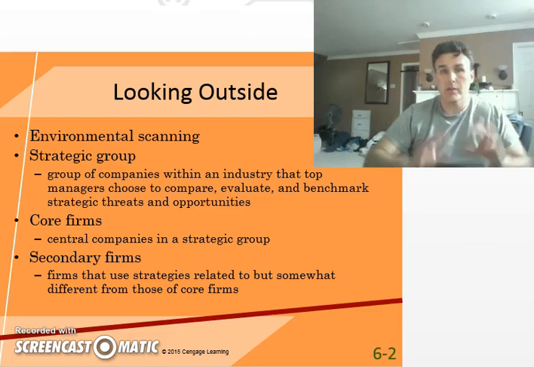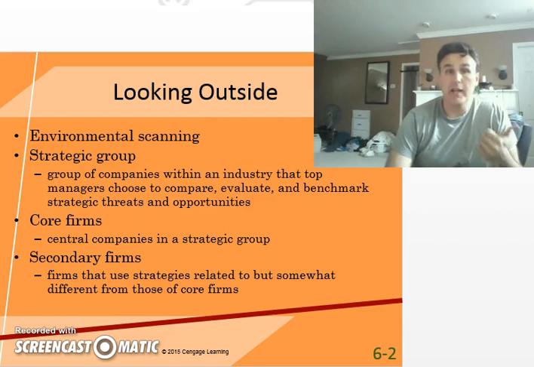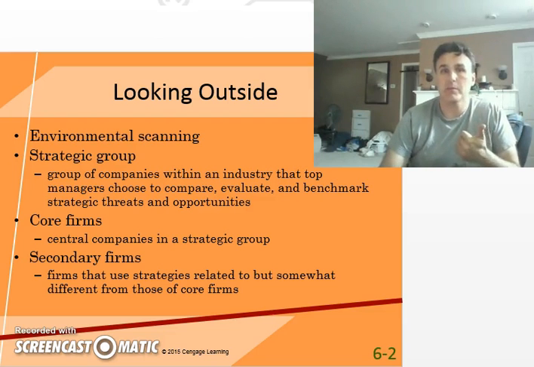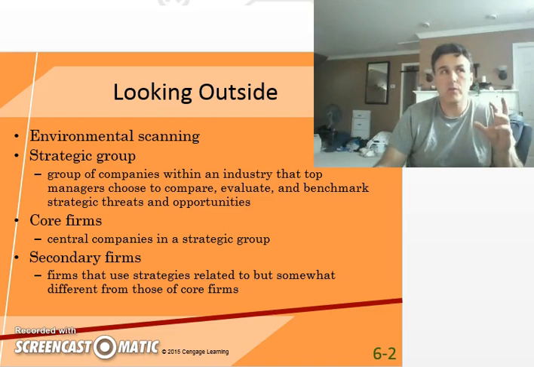Looking on the outside. Okay, internal analysis, external. Environmental scanning, I've mentioned that many times. Switch off the music and go to NPR, listen to the news, or go to a news radio station. Be careful about really biased news radio stations, like, I don't know, on TV, Fox is usually very conservative and MSNBC is really liberal.